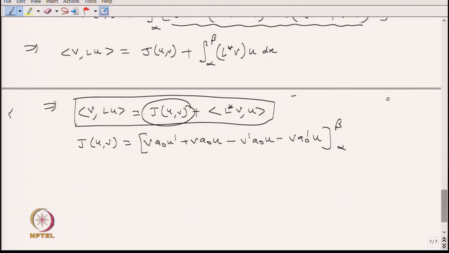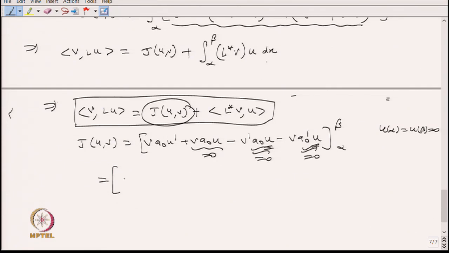Now, if I substitute the value here, then from here this u and this u, and I know that u at alpha and u at beta are both 0. So, if I put the limits beta and alpha here, this quantity also has a u, so all of these become 0, this is also 0 and this also 0.